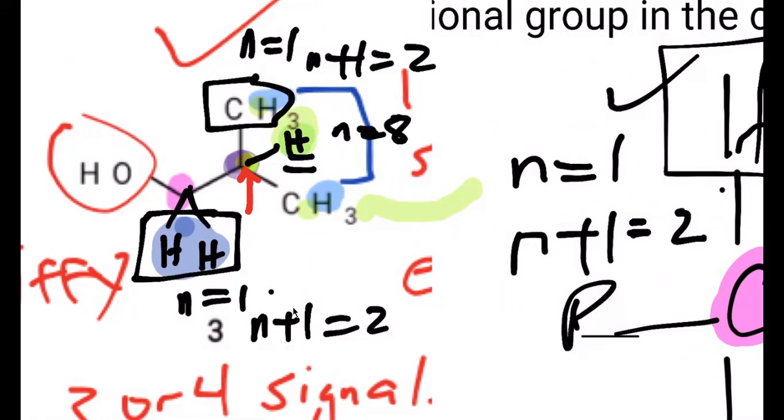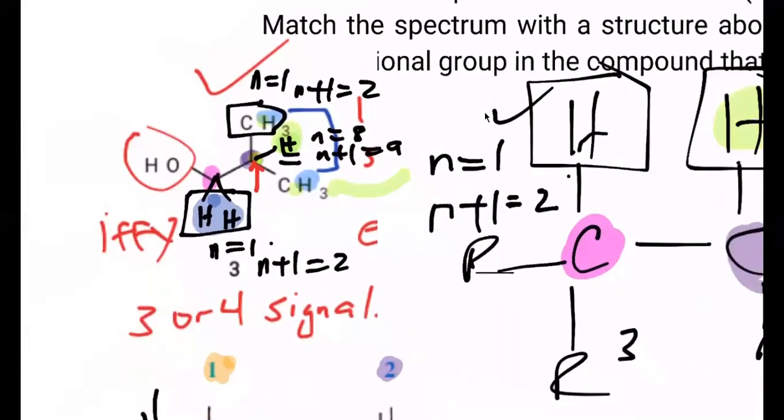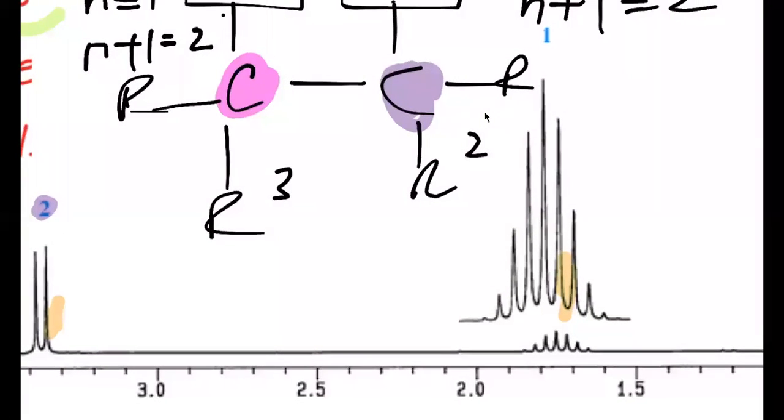I don't know why my equal sign keeps coming out crappy like that. So then N plus 1 is going to be 9. If we look at the signal, you can count the number of lines that signal is split into.